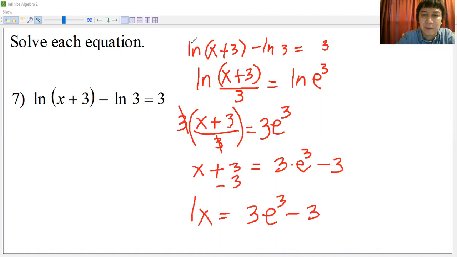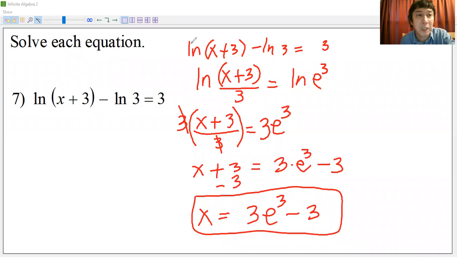Okay, there. And we're not supposed to get the answer in decimals. Okay, all right, there's no instruction. This is the exact value. Okay, 3 times e to the 3 minus 3. But if you're asked to get it in numbers, you can easily get that, okay? Because e is a number, okay?